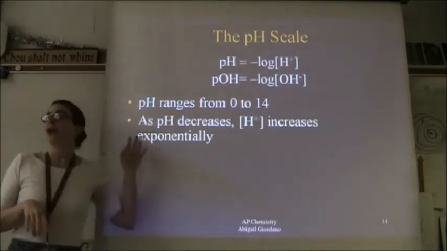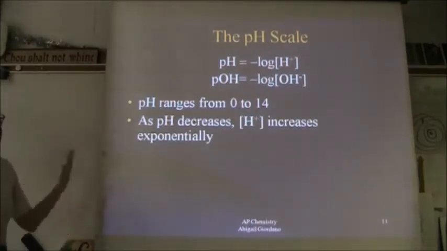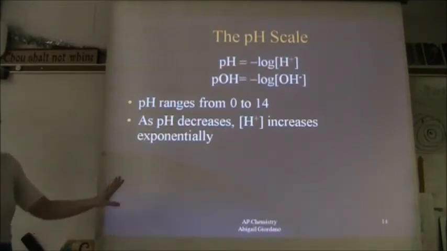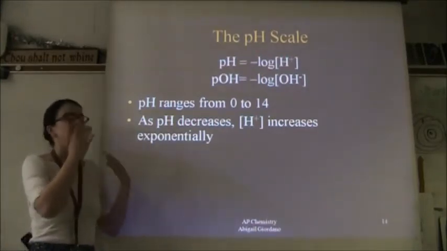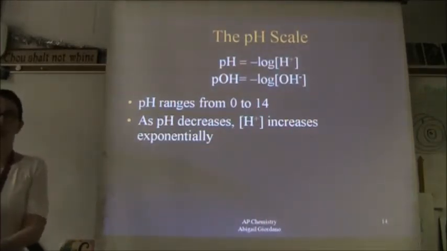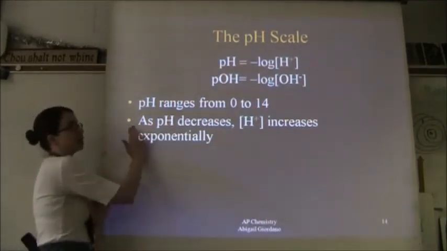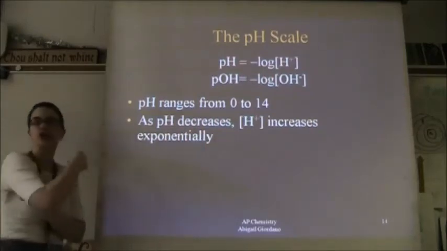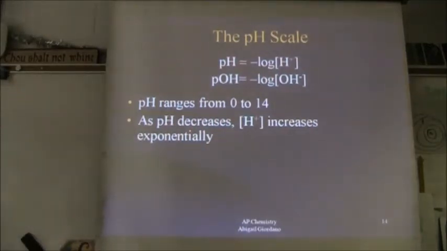I want you all to understand, those of you that are mathematically inclined already know this, that logarithms are an exponential relationship. For example, if I say that the pH is decreasing, is this solution becoming more acidic or more basic? More acidic.